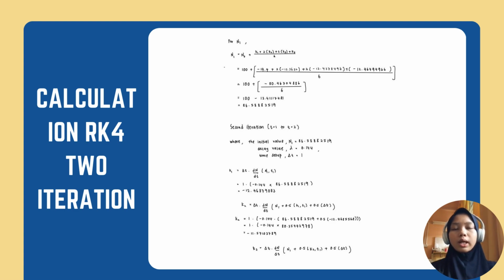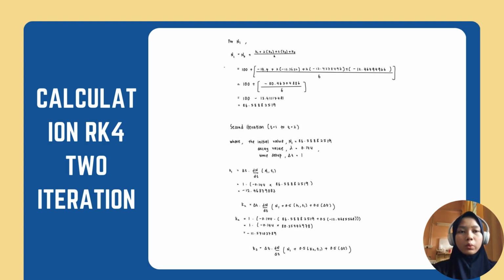So N0 is 100 plus (negative 14.4 plus 2 times negative 13.3632 plus 2 times negative 13.4378496 plus negative 12.46494966). We will get N1 equal to 86.58882519.